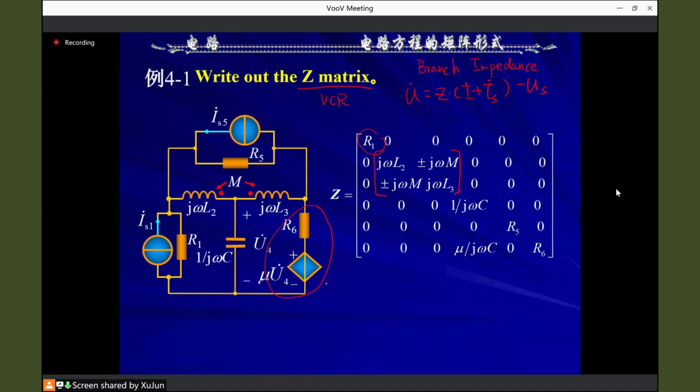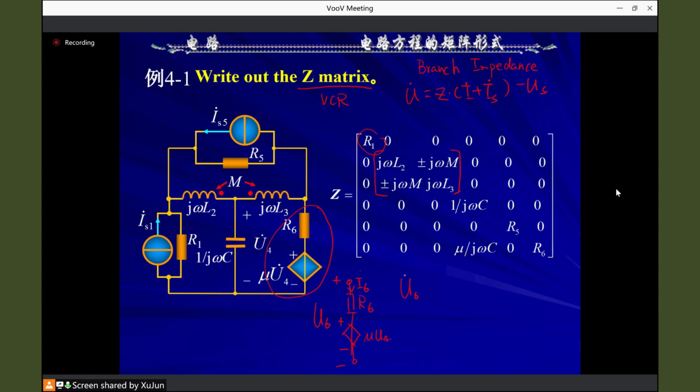pay attention, this branch 6, we draw it again. R6, mu U4. So this will be U6, total U6. This will be I6.